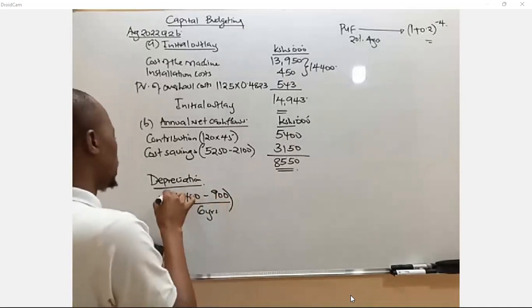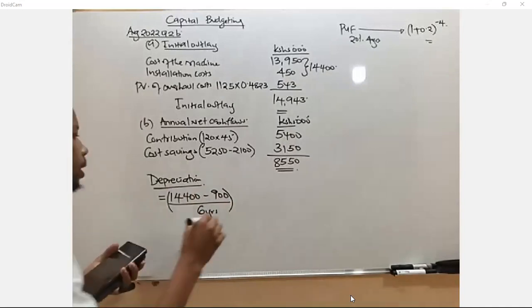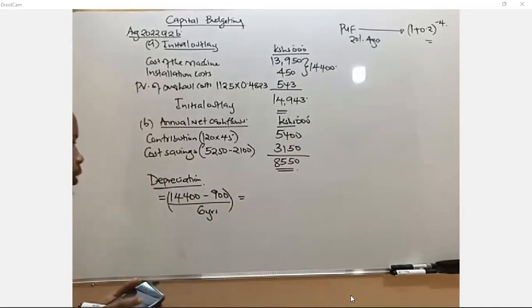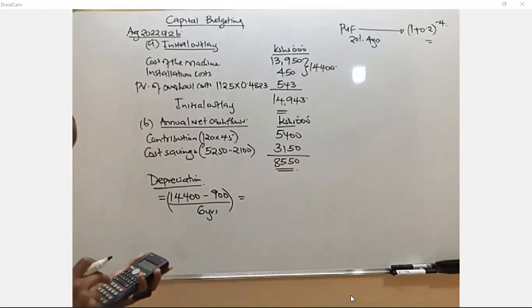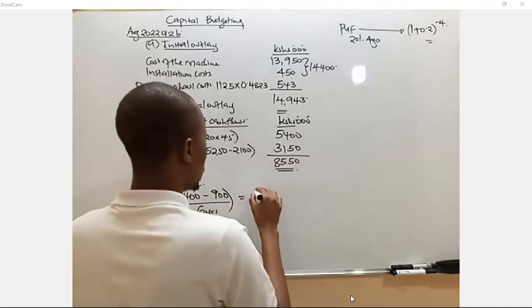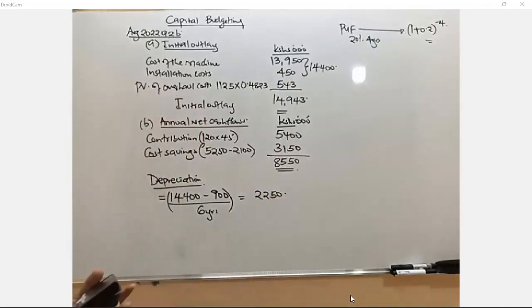So 14,400 minus 900, we divide by 6, and we are getting a depreciation of 2,250.